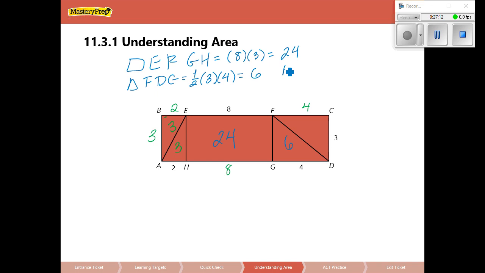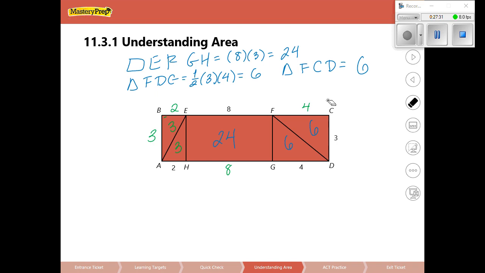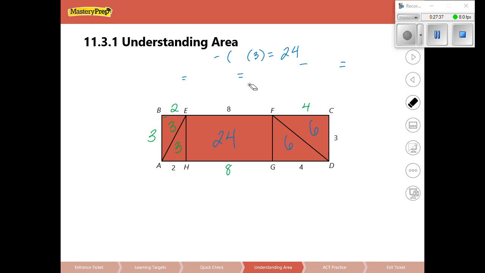So what would that mean for triangle FCD? Also 6, yes? Now, with all this information given, I'm going to erase this here because I do have it written onto the figure for all these areas.